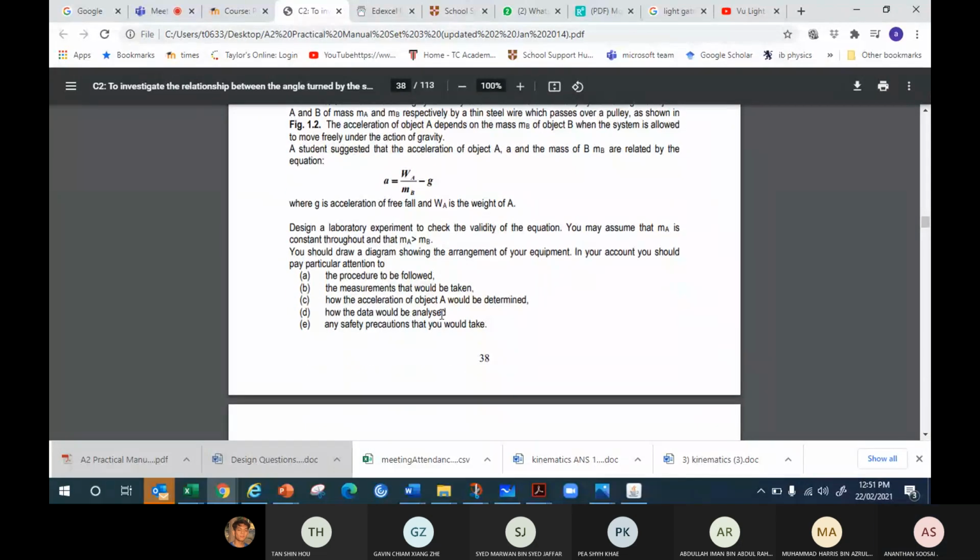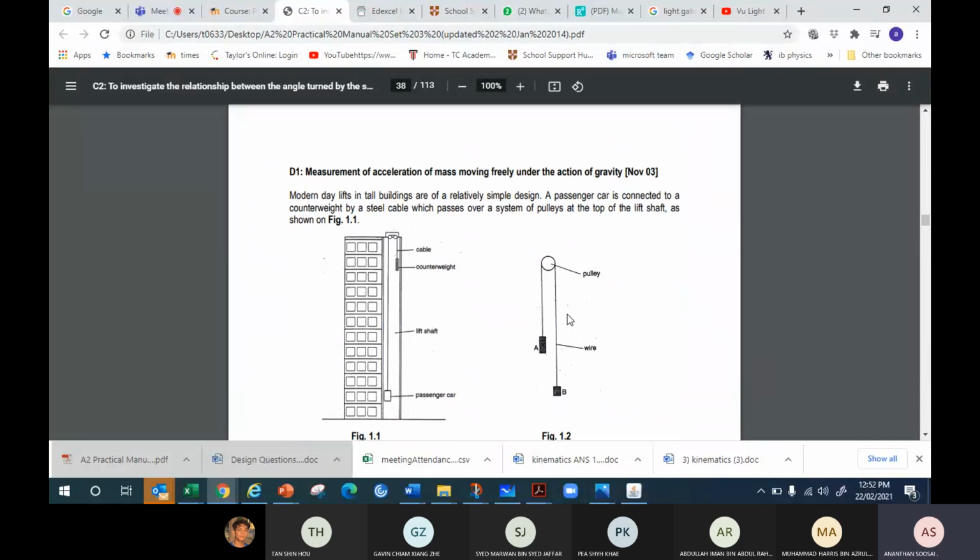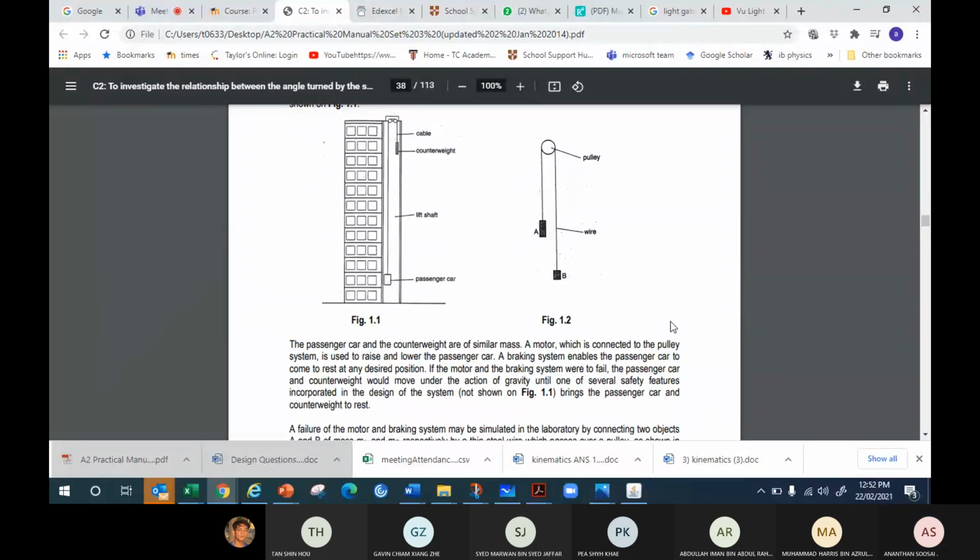So how do you find the acceleration of this? You can use a stopwatch. Just measure the time when the MB is lifted from down to a certain height.